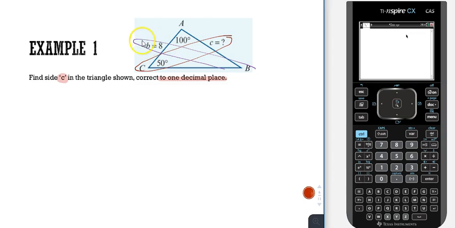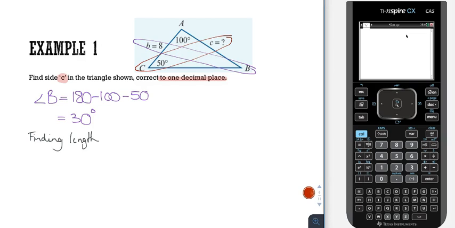And I've got a length b with an angle B, which I don't know, but I can always calculate an angle B. So angle B is 180 minus 100 minus 50. All three angles in the triangle add to 180, so to find the third one, I do 180 minus 150 to give myself 30 degrees. So angle B is 30 degrees.